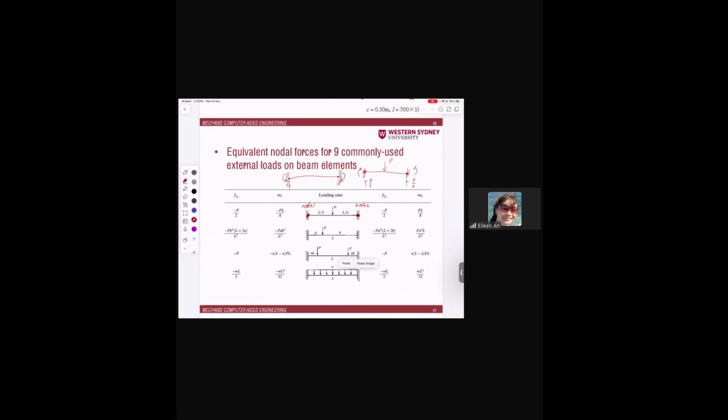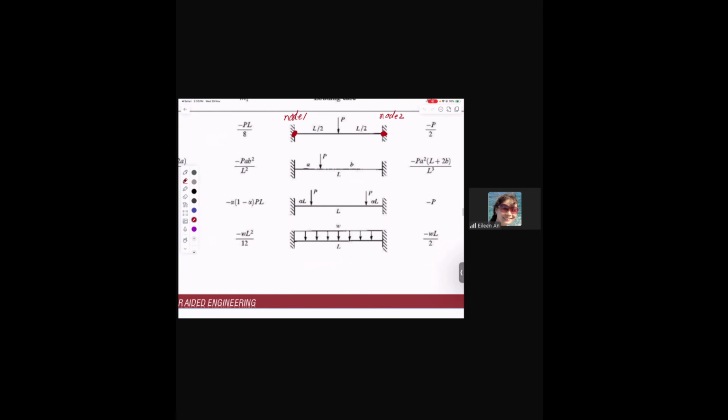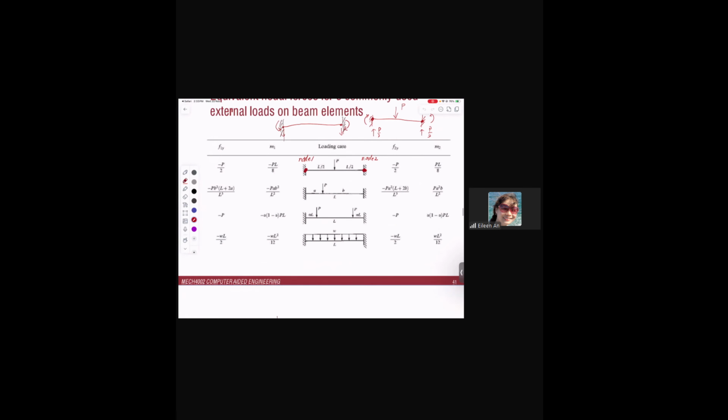And here we have to use the last one, right? This beam is subjected to a distributed load, and there are two equivalent node forces, one per node.